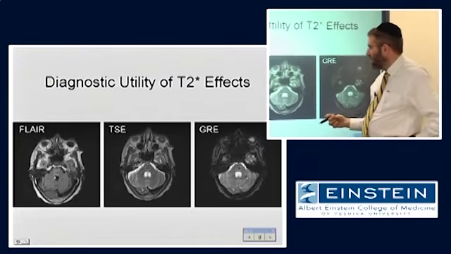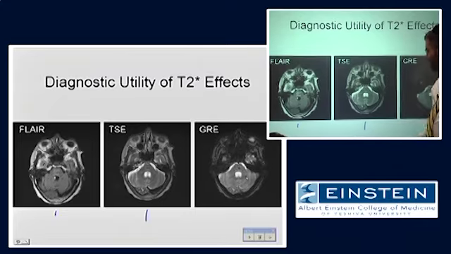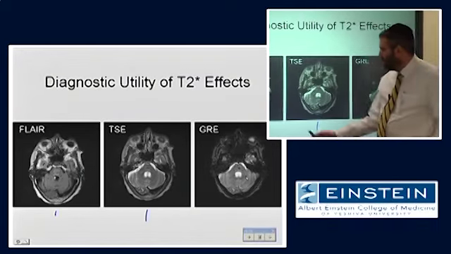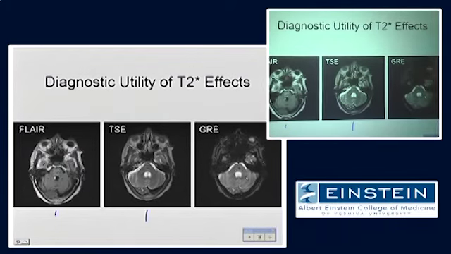So in this example, we have 2 of our standard types of imaging sequences that we always use when we image the brain, FLAIR and turbo or fast spin echo T2 weighted images.